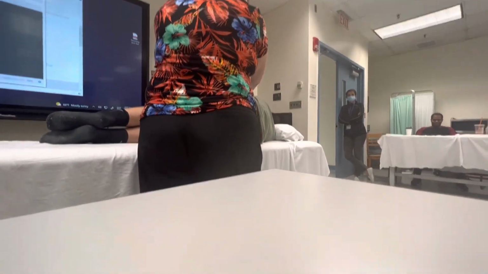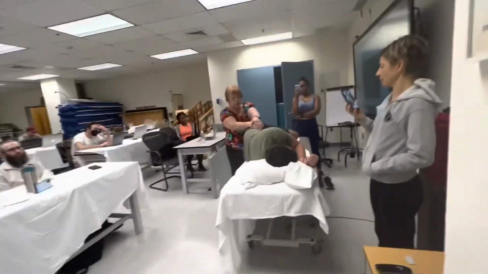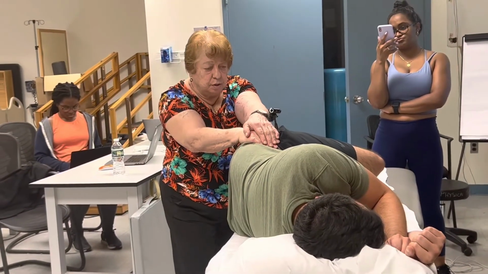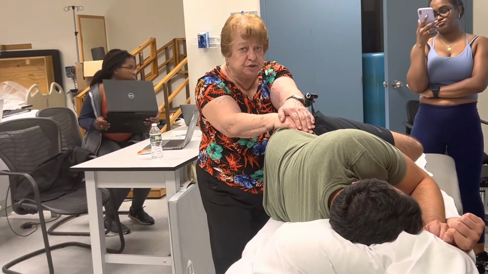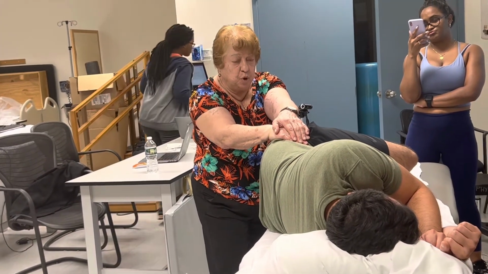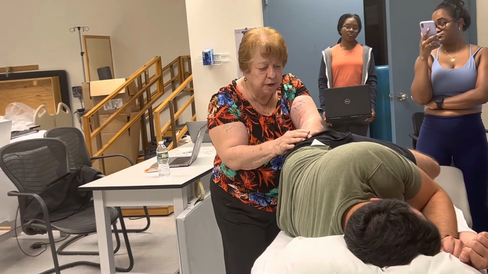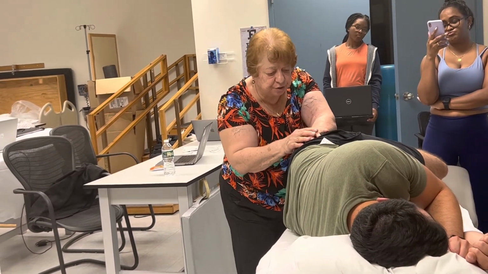So, same position, only this is my diagonal. Okay. So I have to find that diagonal. Okay, so that's posterior depression, anterior elevation.